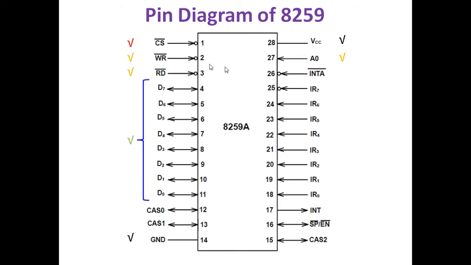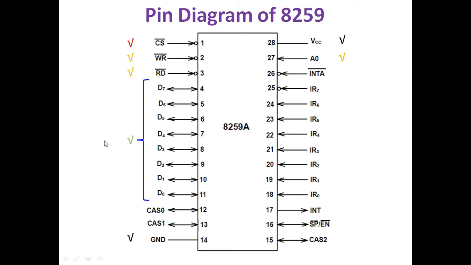Now next pins are pin number 4 to pin number 11, that is D0 to D7. Okay, so here this is the bidirectional data bus of 8259. So here this data bus is connected to any other microprocessor which is called CPU, central processing unit.